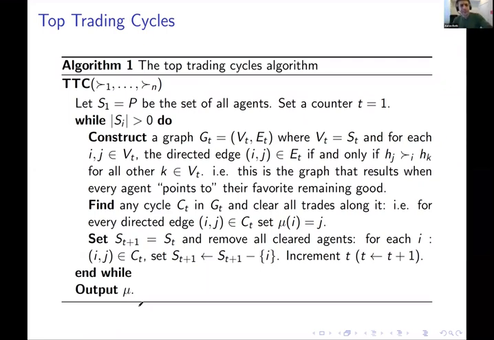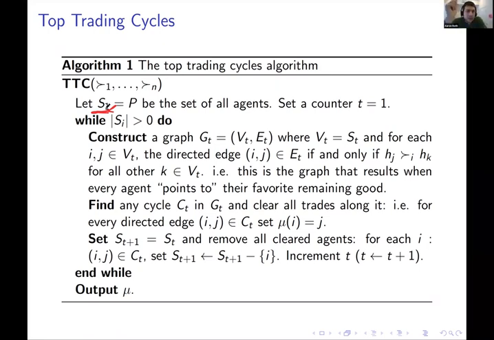The pseudocode is just explaining this process a little more formally. We're going to maintain the set of people who are still in the market, and call it S. S1 is the set of people initially in the market, and SI will be the set of people in the market at round I. Initially, it's everybody.